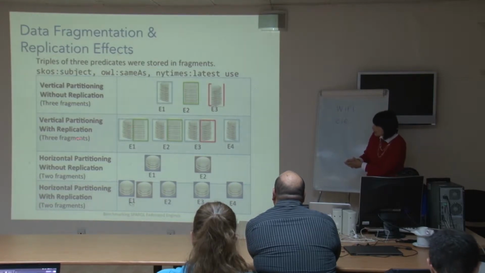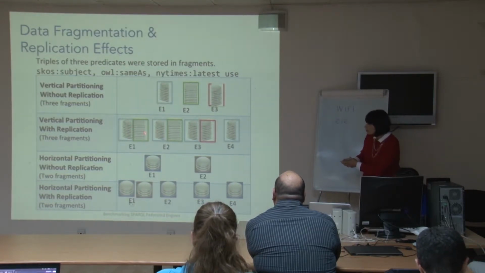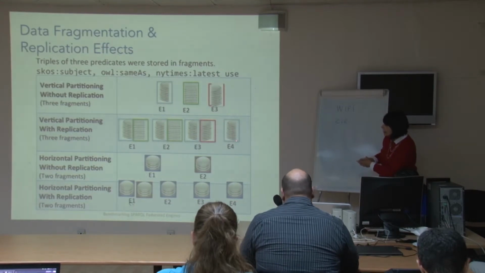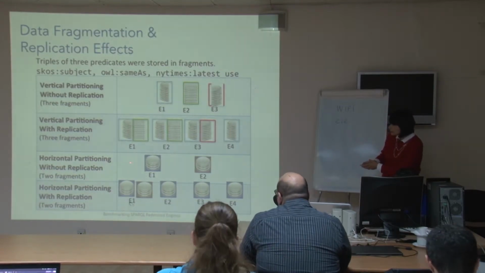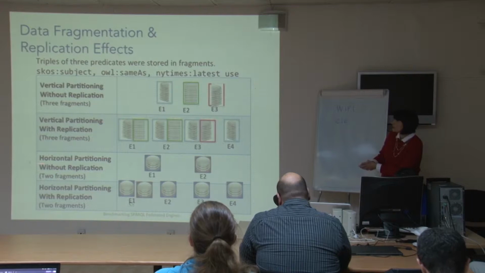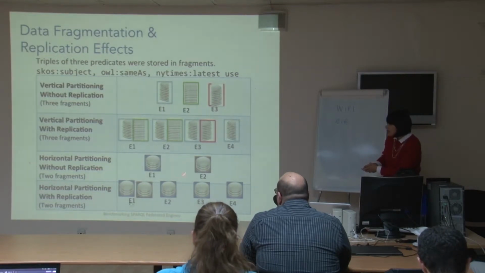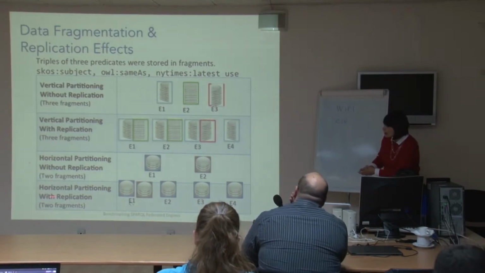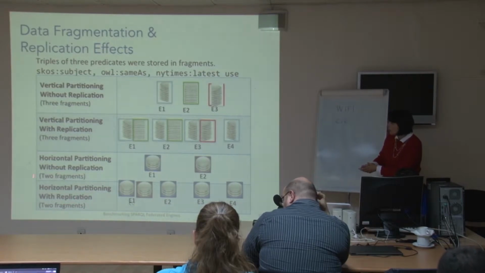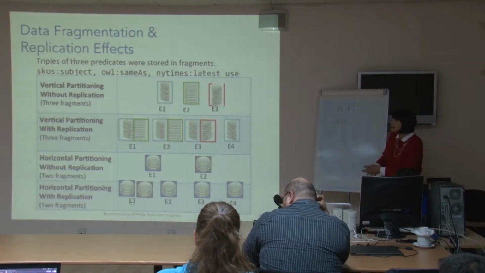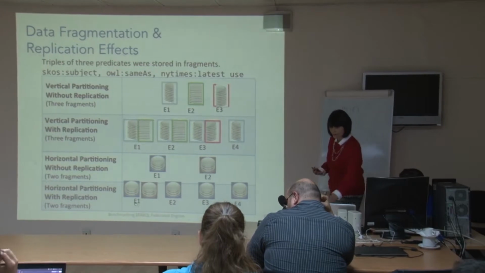Vertical partitioning with replication, where we have 3 fragments too, but we replicate the data. With horizontal partitioning without replication, we had 2 fragments, but we didn't replicate the data. And finally, with horizontal partitioning with replication, we have 2 fragments, but we replicated the data.